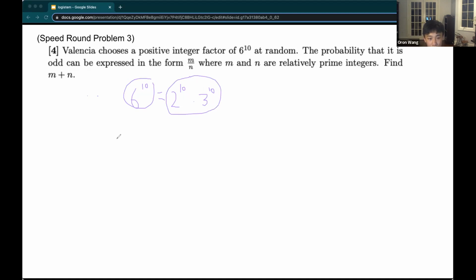And that means it has to be of the form 2 to the a times 3 to the b, where a and b are nonnegative integers, and both of them are less than or equal to 10.